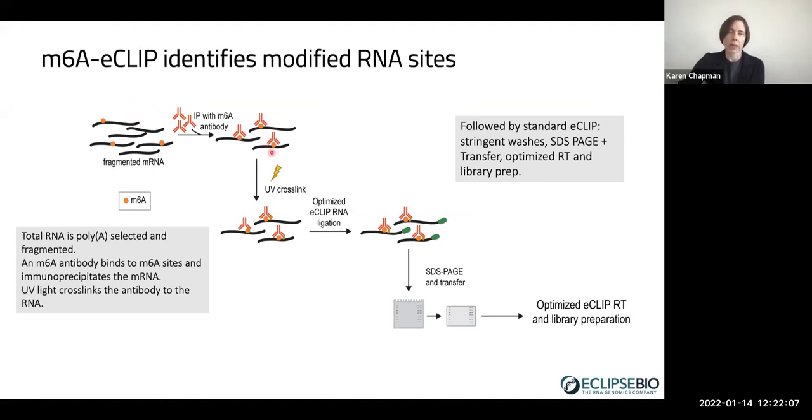So that antibody is recognizing the RNA itself, and the cross-link step takes place after that IP. And so basically we're cross-linking the antibody to the modification. And then it's taken through these sort of stringent purification steps of eCLIP, and a library is prepped.